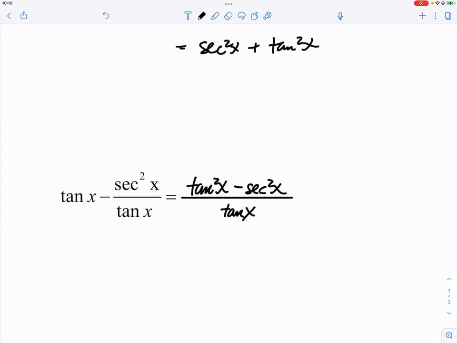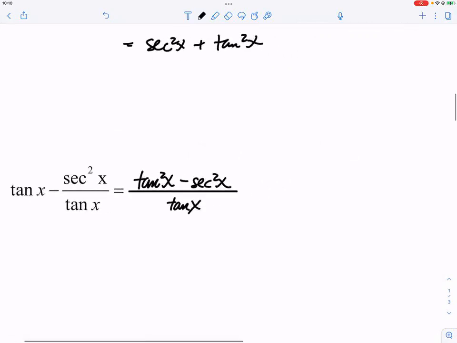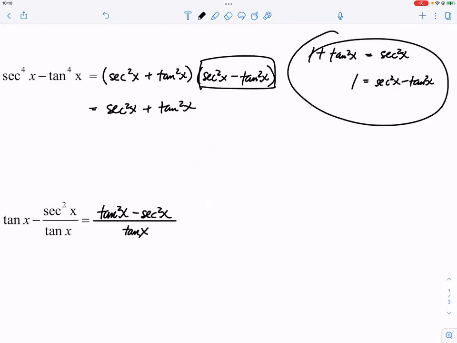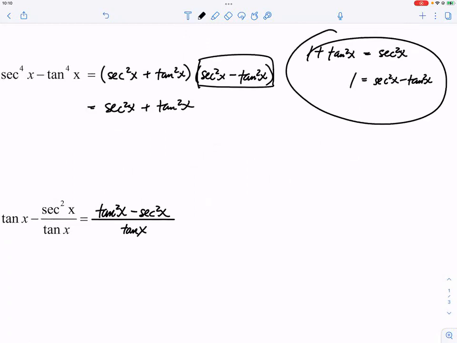So we ask the question, tangent square x minus secant square x is equal to, well, it's the same identity right here. So if you move things around, 1 plus tangent square x equals secant square x. You want to keep the tangent square x positive. You want to subtract secant square x. That means you're going to move the 1 to the other side.